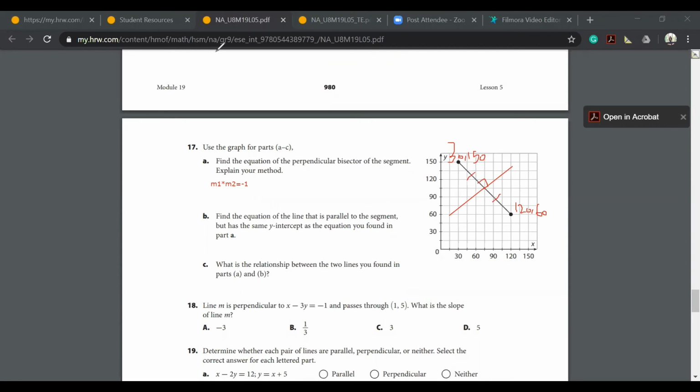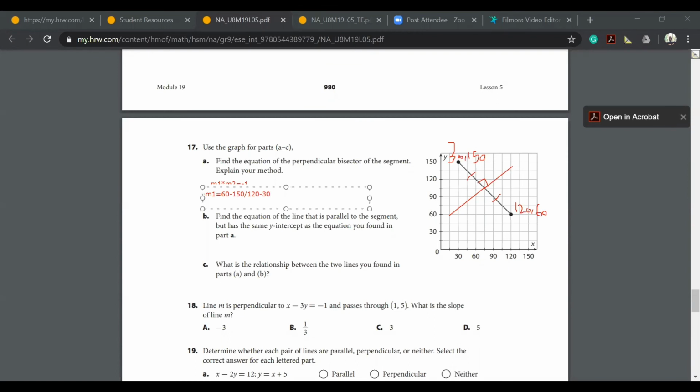Okay, let's use this to find our answer. So m1 will be y2 minus y1, which is 60 minus 150, over x2 minus x1, which is 120 minus 30.